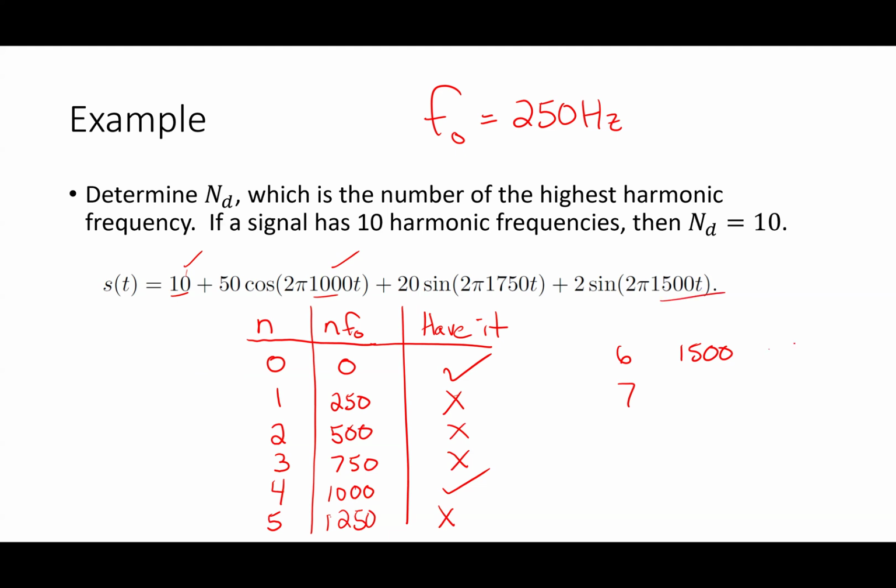I do. Seventh harmonic would be 1,750, and I also have that. Do I have anything beyond that? Nope. This guy has up to 7 harmonics. So the highest n in this case would be 7. 7's the highest number that I've got.